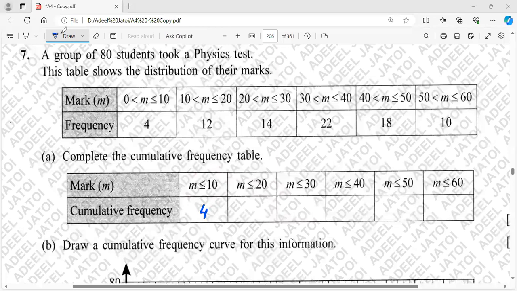Then at 20, your cumulative frequency will be added to the frequency of the next class width, so 4 plus 12. Cumulative frequency is the adding of frequency after each class width. So the answer would be 16.